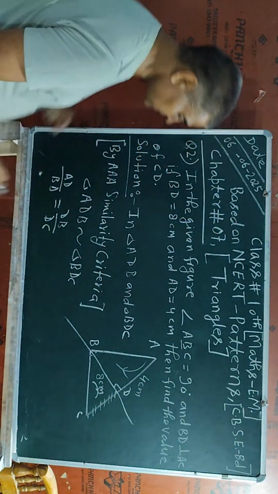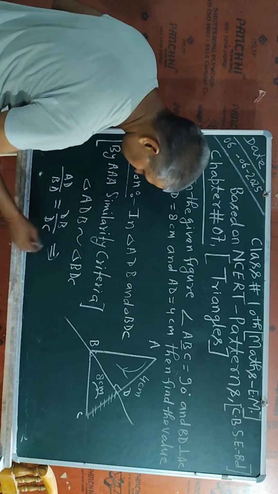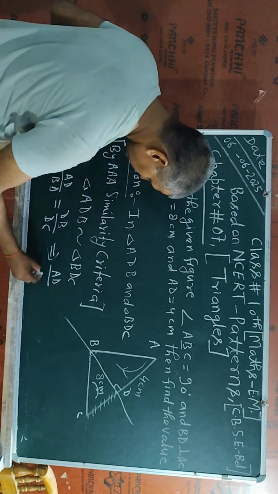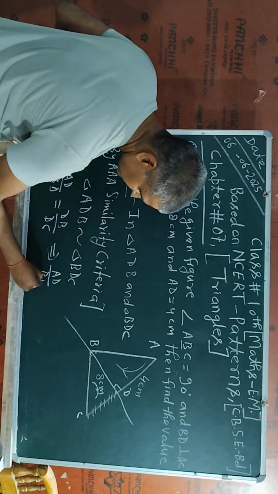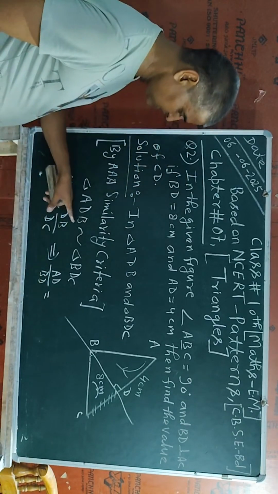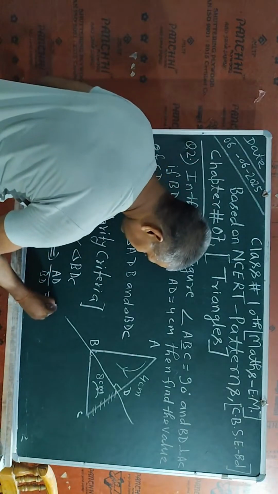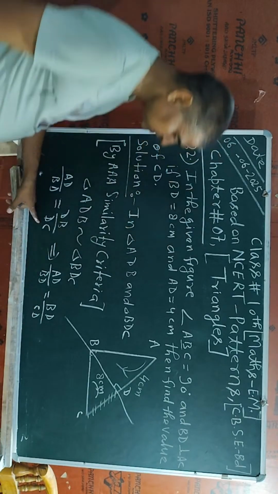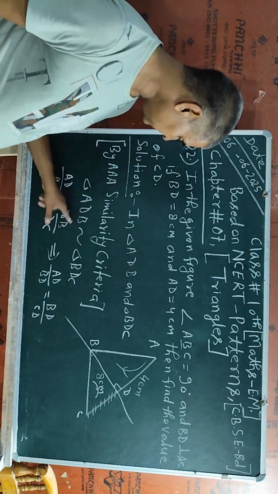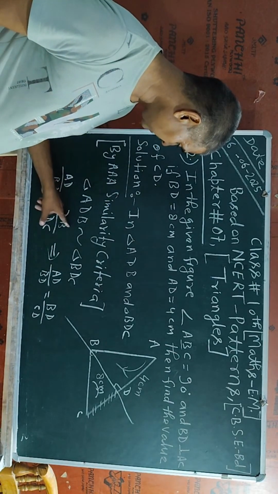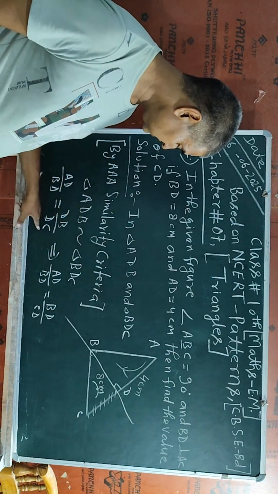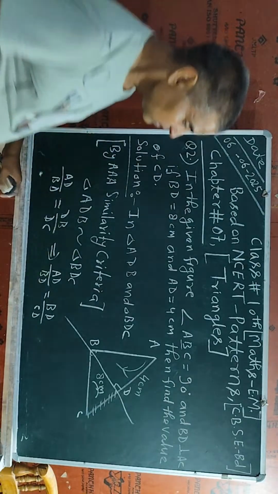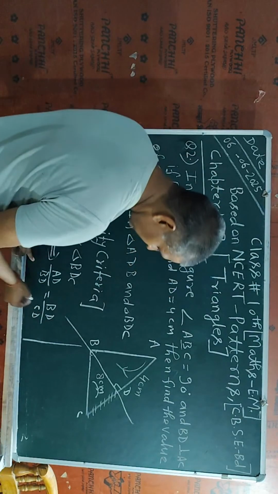Okay, students. So we can also write here the value of AD divided by BD equals BD divided by CD, because this length DB or BD both are the same, DC or CD both are the same. Now further I am going to simplify here. I will do cross multiplication.